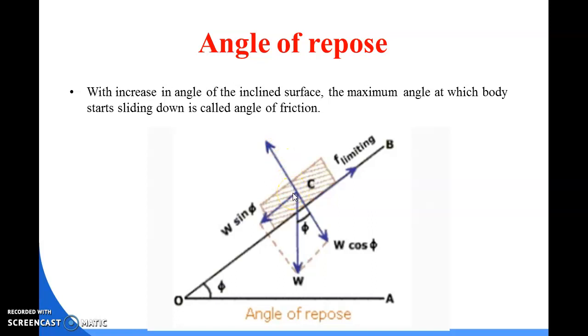By resolving these two forces, we have this one as W sin phi, and this vertical one is W cos phi. So the angle between the W cos phi and the weight of the body here is phi, and the angle of repose is always denoted as phi.